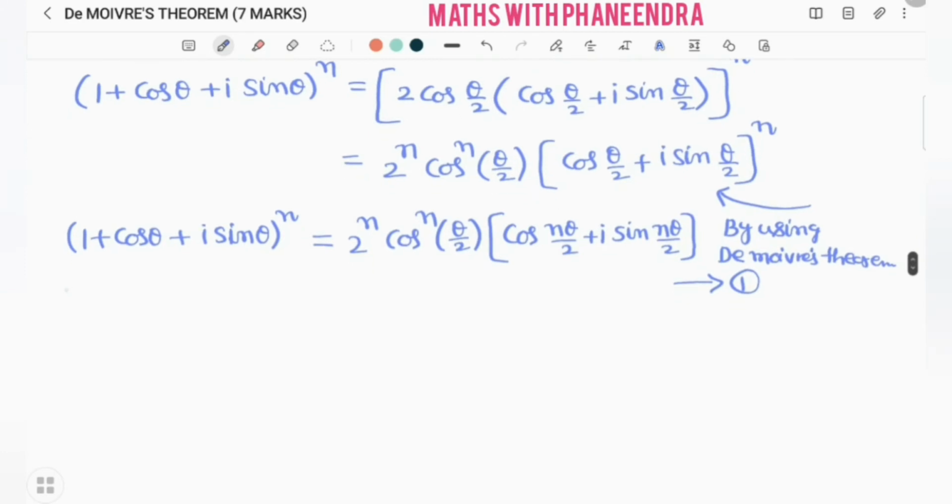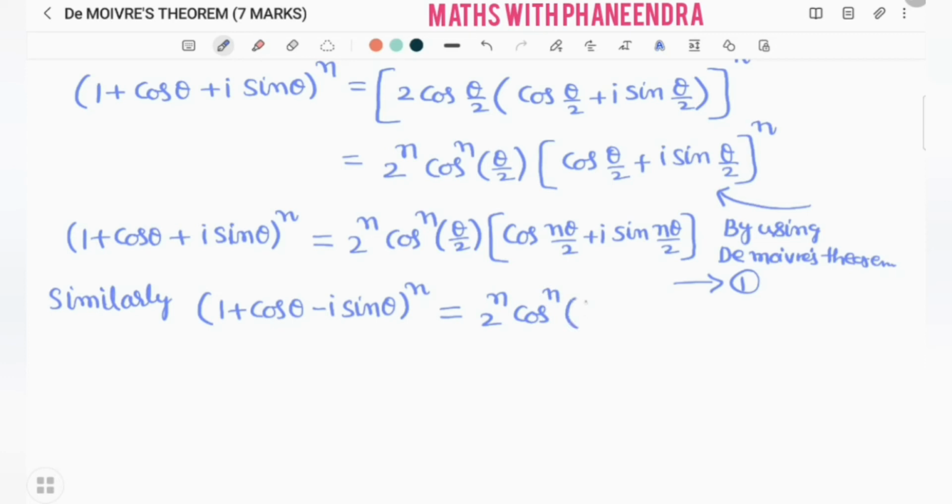Similarly, (1 + cos theta - i sin theta) whole power n equal to 2 power n cos power n theta by 2 into (cos n theta by 2 - i sin n theta by 2).